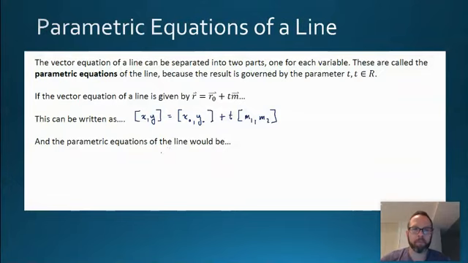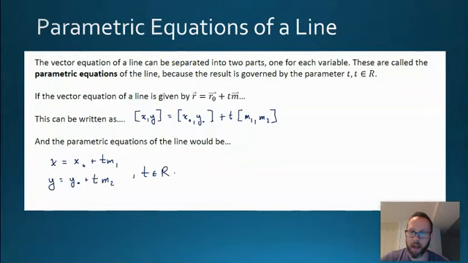And if I break this vector equation up into an x component and a y component, I get an equation for x: x equals x naught plus t times m1, and y equals y naught plus t times m2. And these are called the parametric equations of the line. And of course, t is any real number.